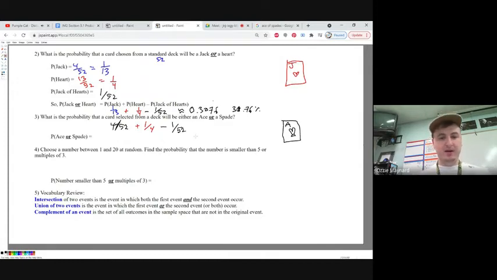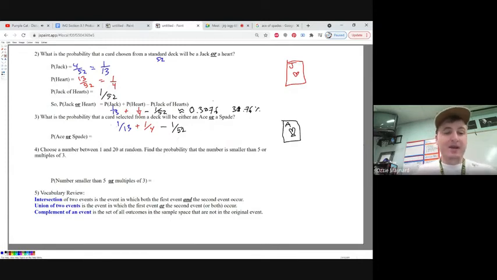And to be honest, if you look at these fractions, it's the same exact thing as in problem number 2. So what I'm going to do is change 4 out of 52, which we have here, to be 1 out of 13. And if I add all those fractions, guess what we're going to get?